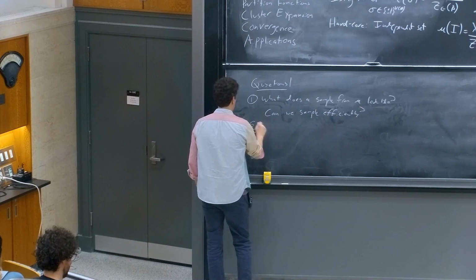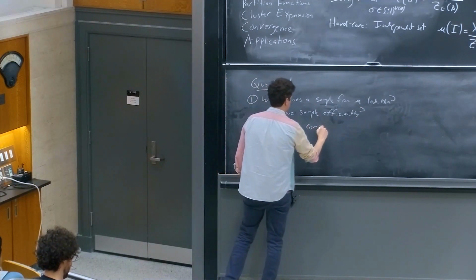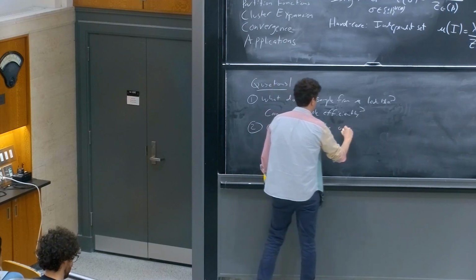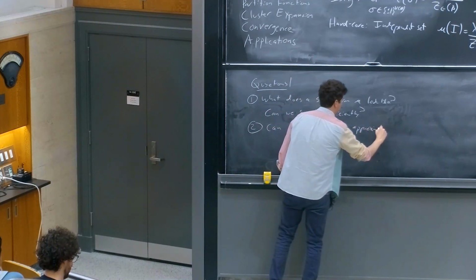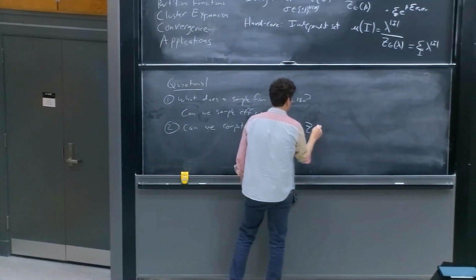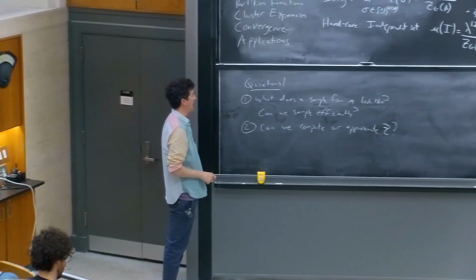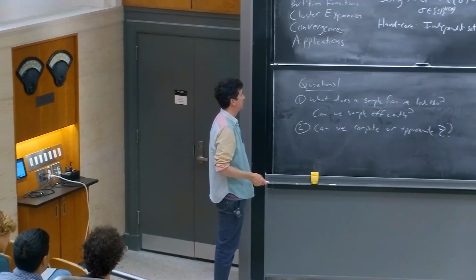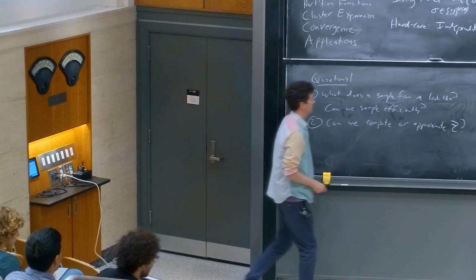Maybe can we compute or approximate this normalizing constant? These are some questions you might ask, and it depends on what field you're in, what the setting looks like.